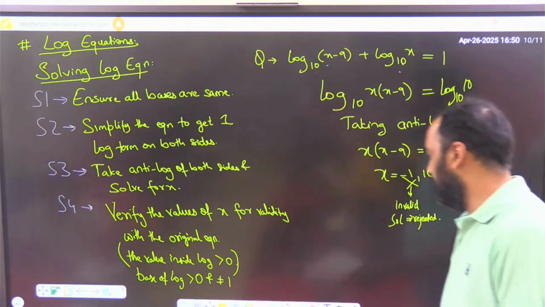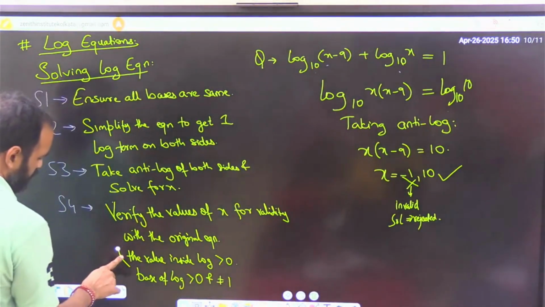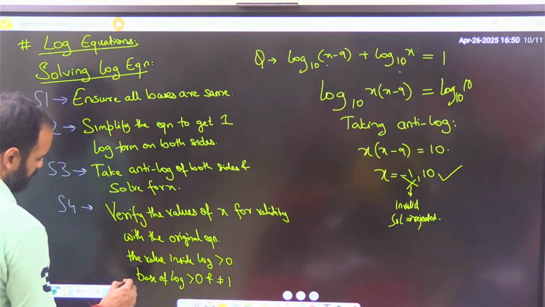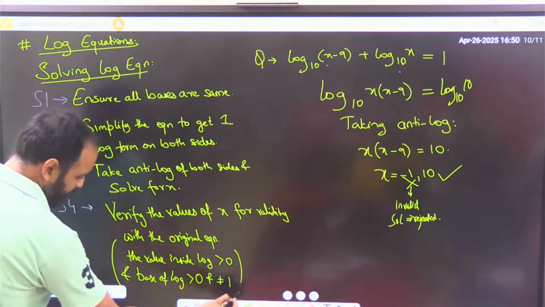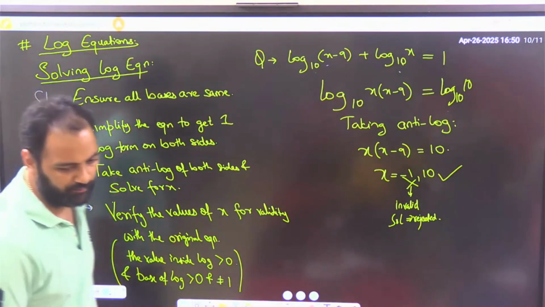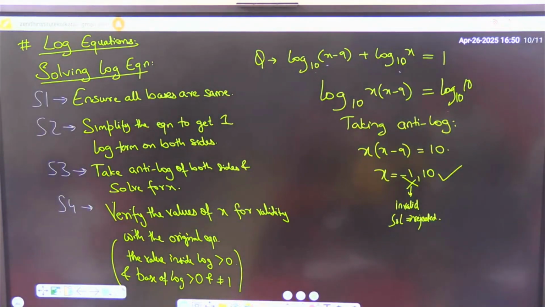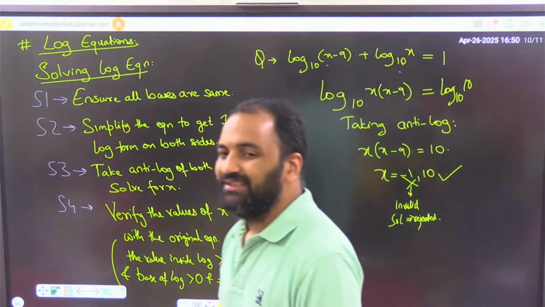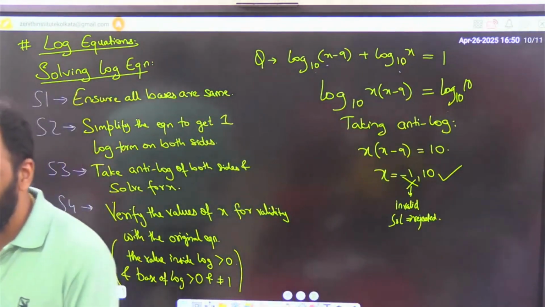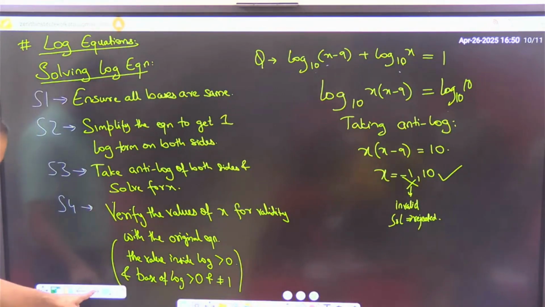The value inside the log has to be greater than 0, and the base of the log is greater than 0 and cannot be equal to 1. Since there is x in the base as well, you also have to check this.